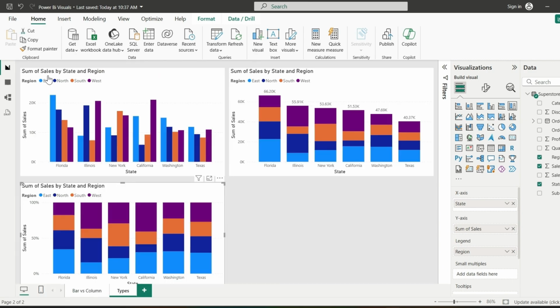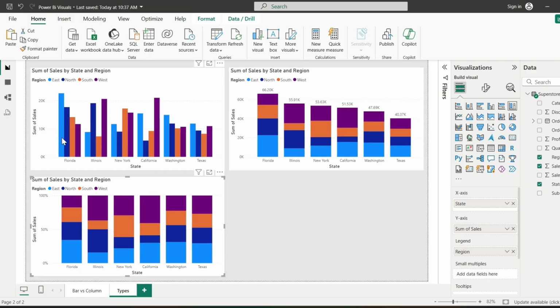So we are clear that a clustered chart is for comparison, comparing values directly against each other. Bars are side by side, easy to compare exact magnitude. Stacked is for contribution, understanding how parts make up a total, like how much of Florida sales comes from East or West. Here we care about the total along with the breakdown.